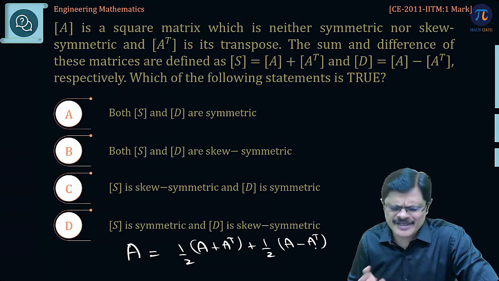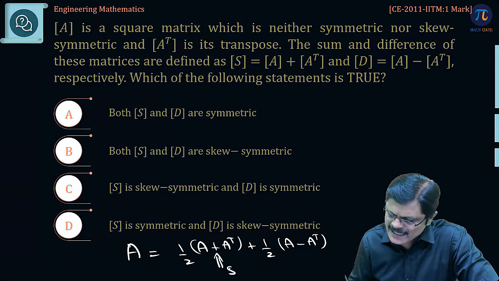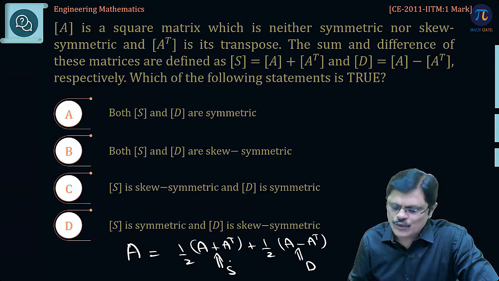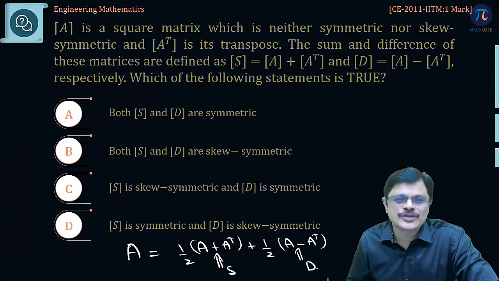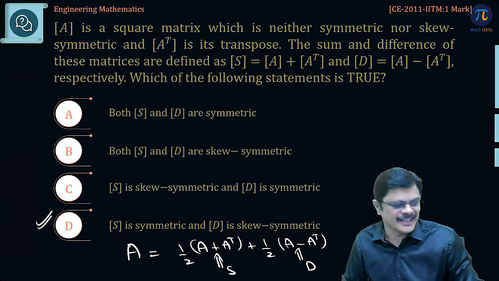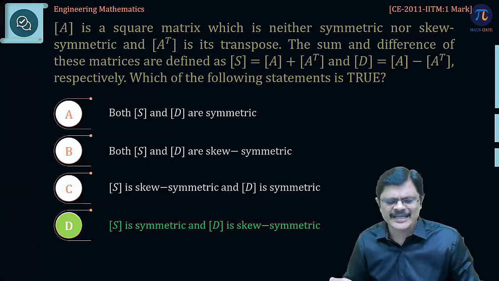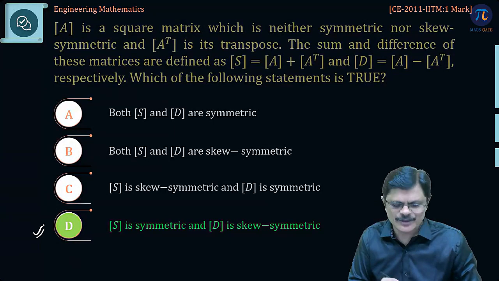That is a straightforward result, my dear friends. So obviously this is your S and this is your D. So S is symmetric and D is skew symmetric, which is option D. Straightforward question, my dear friends. Directly the result he is asking, nothing more.